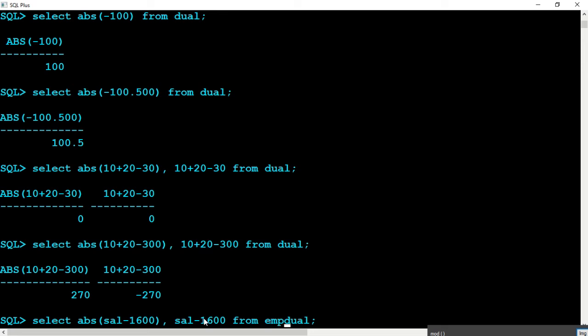So here one is the absolute value and the other is just normal, sal minus 1600.